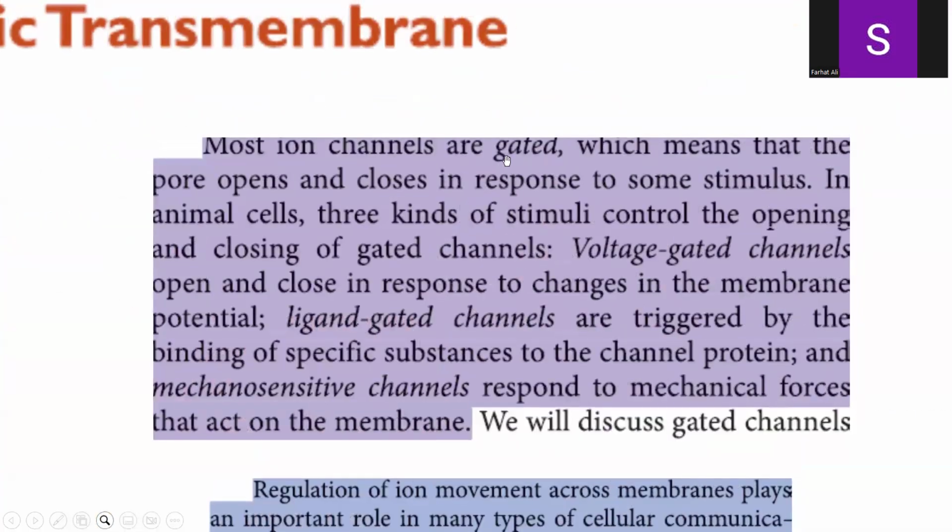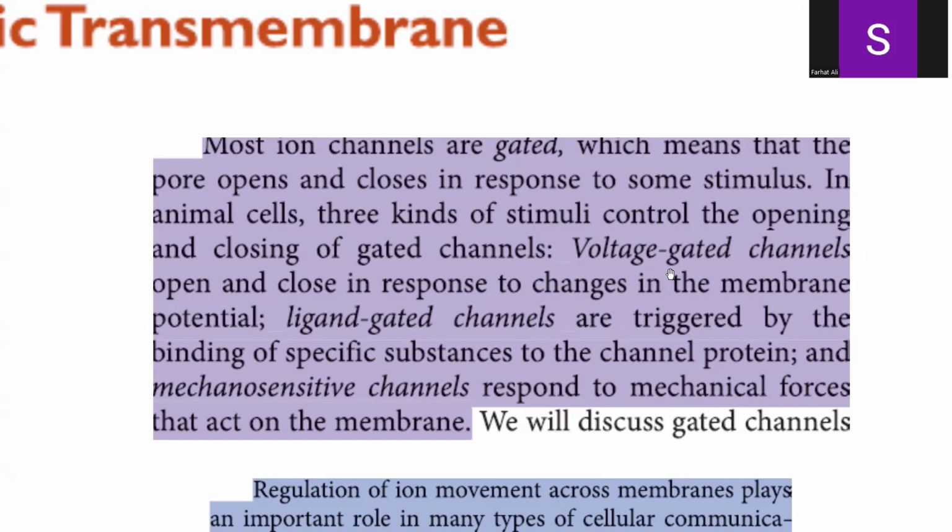Most of the ion channels are gated. That means the process of transport is regulated. Different types of stimuli can control the opening and closing of the gated channels. The gated channels are like gates which can open or close under different conditions. When the channel is open, substances can be transported, and when the gate is closed, transport cannot take place.